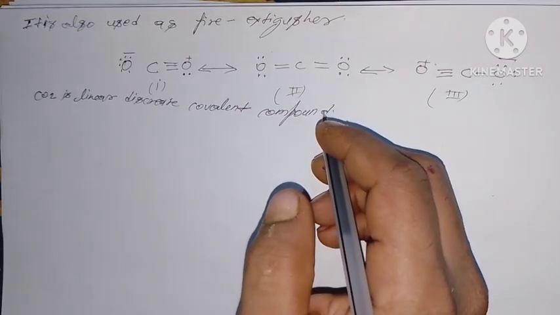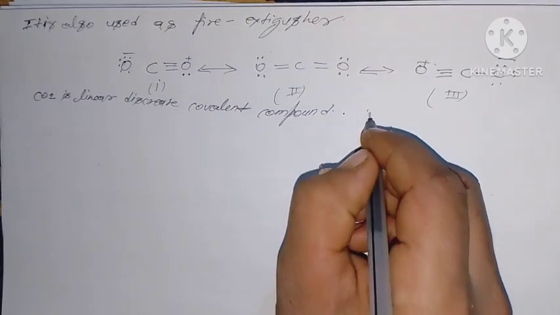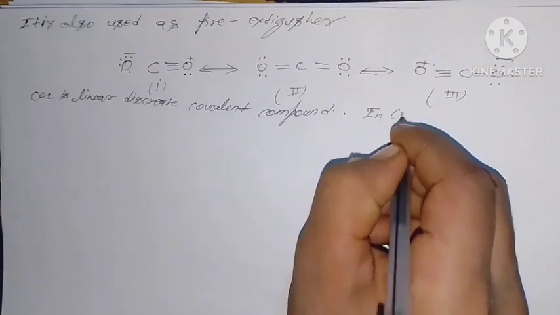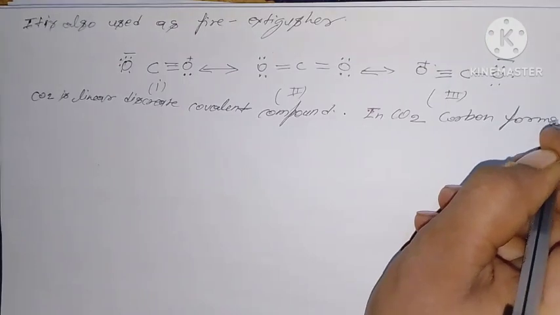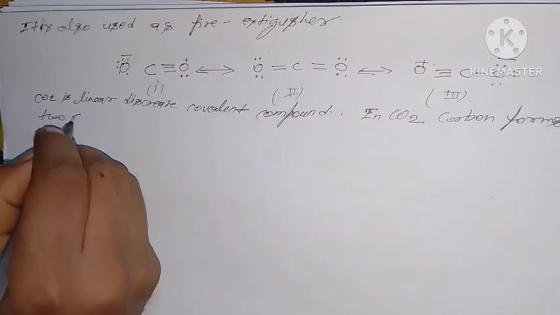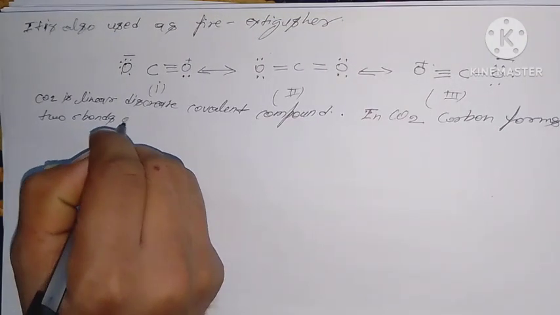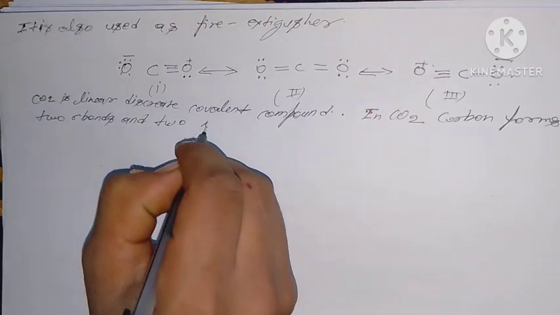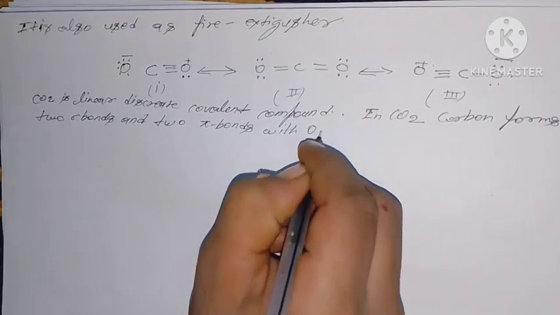In carbon dioxide, carbon forms two sigma bonds and two pi bonds with oxygen.